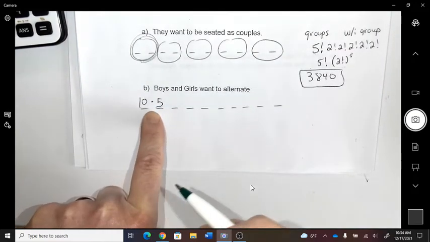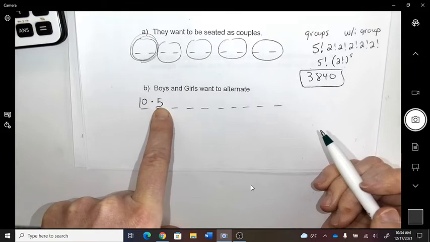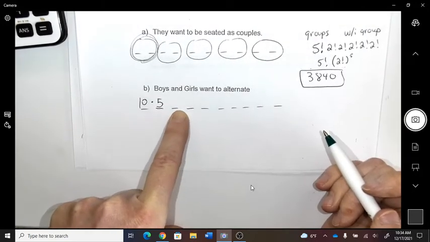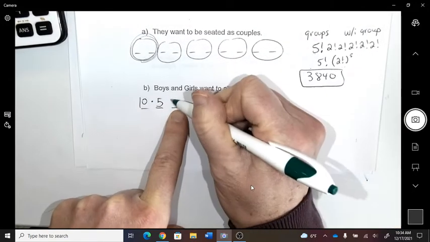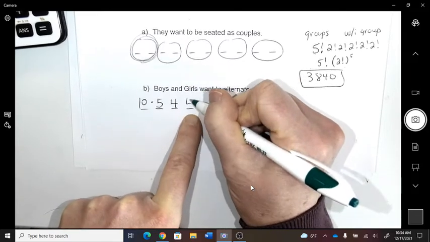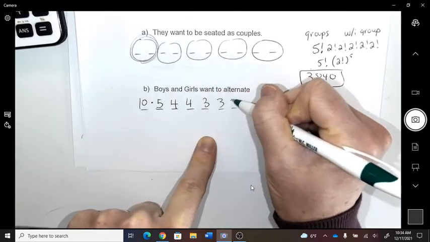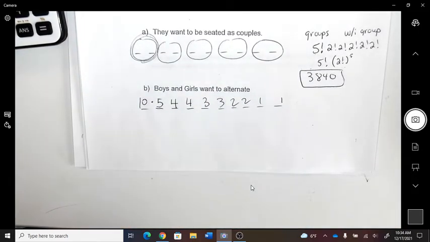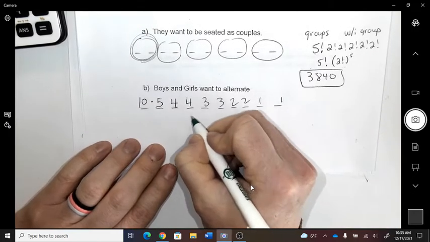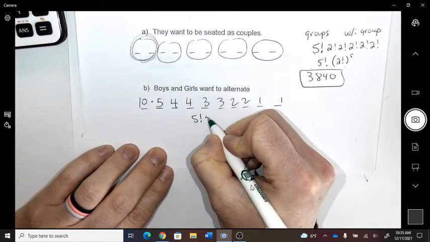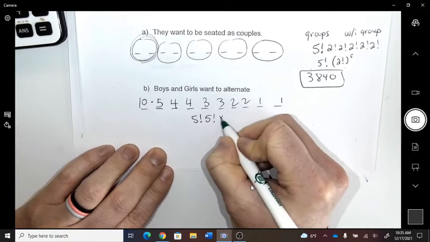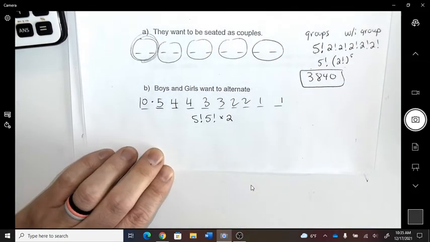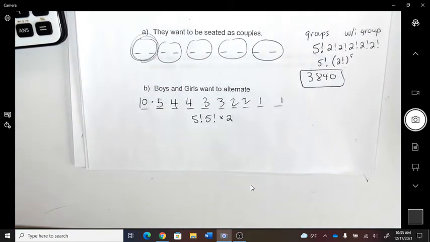Now this person would have to be a girl. So I only have 5. Then I'd go back to a boy. So how many boys do I have left? And then a girl. Okay? I'm okay if you type it like that. If you want to know a shortcut, the boys could be 5 factorial, the girls could be 5 factorial, but you have 2 ways you could have started.